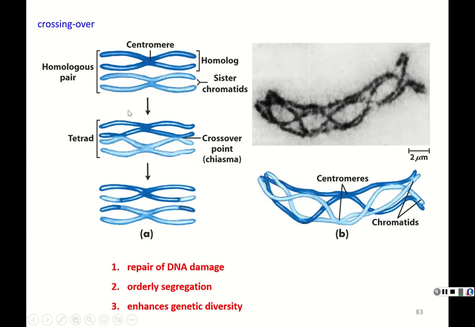If you look here, you have the light blue and dark blue in your homologous pair. If those connected together and then swapped, now we have light blue ends on the dark blue and dark blue ends on the light blue. Okay. And again, this is used to repair DNA damage and is also thought of as a way to enhance genetic diversity.